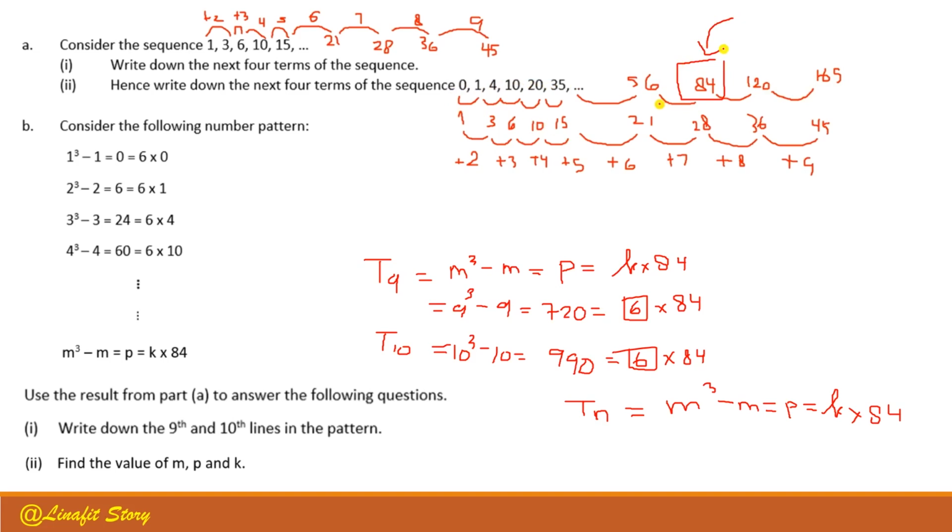Since the 8th term is 84, then 8 cubed minus 8 is equal to 504, which is 6 times 84. So k is equal to 6. p is equal to 6 times 84, which is 504, and m is equal to 8.